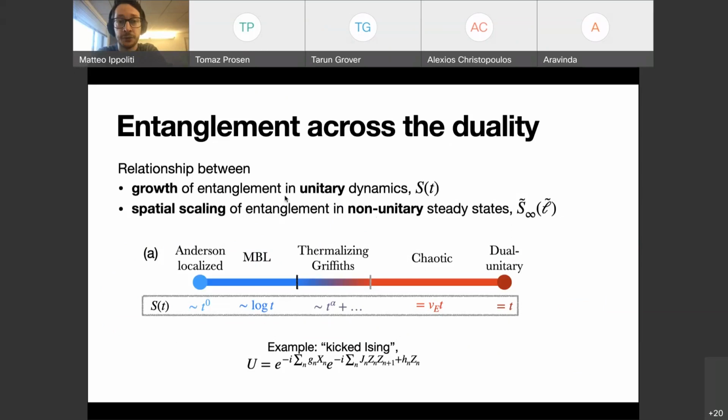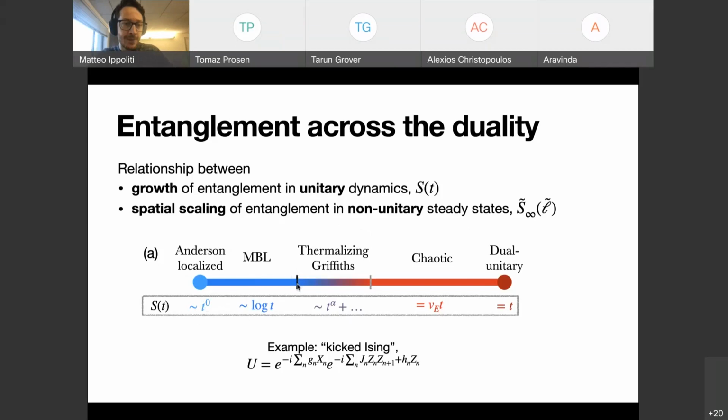So here I have a schematic line of different regimes of entanglement growth that one might have in quantum circuits, arranged roughly from the least entangling one to the most entangling one. On the least entangling side, we have Floquet-Anderson localized circuits, whose entanglement doesn't grow past a constant. Then we may turn on weak interactions and obtain an MBL circuit whose entanglement should grow logarithmically in time.